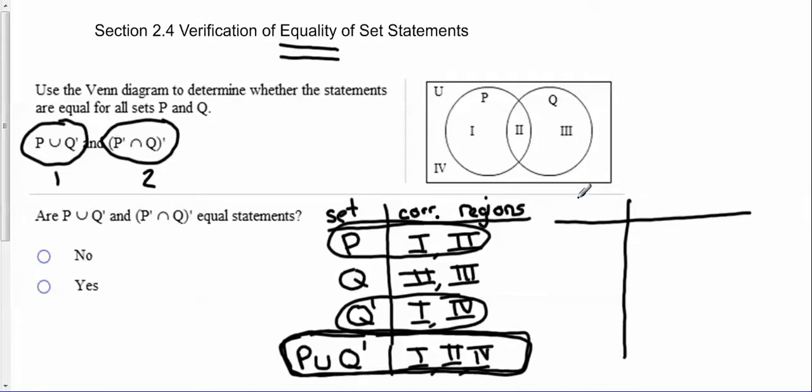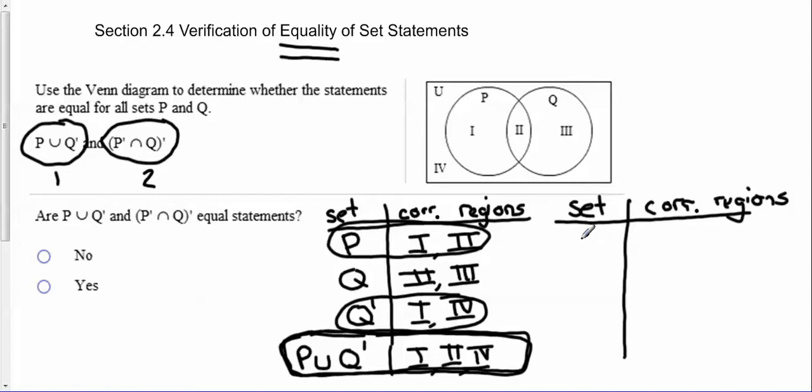So again, we label the columns set and corresponding regions. We'll take a little bit of a shortcut here because we have some work in our other table.